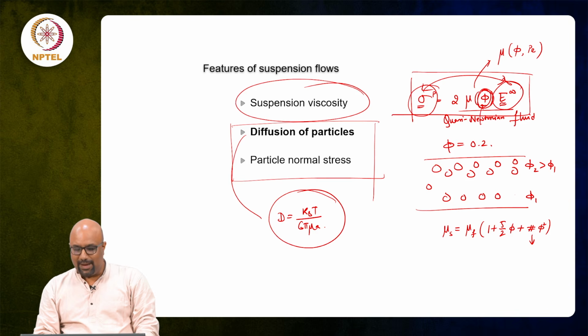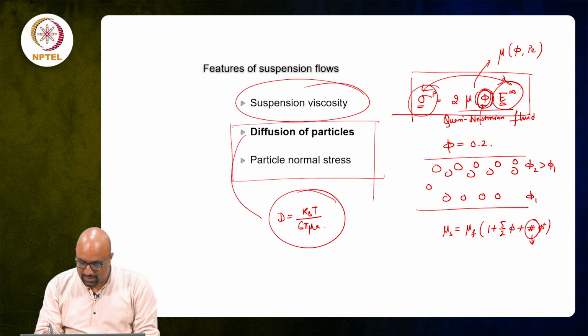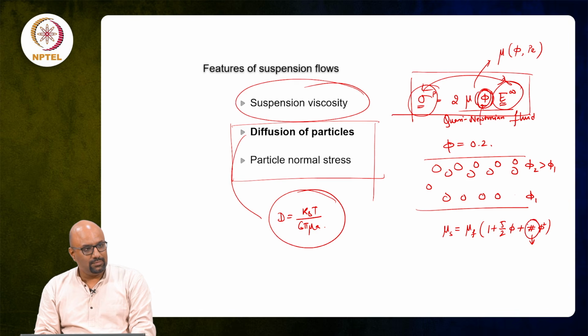And the reason that happens is because it is playing a role in determining the probability of finding a neighbor, because this particular term is a pair interaction term, the order phi square term. And so, the order phi square term is coming about by knowing the probability of finding a neighbor at a particular distance away from the reference particle.